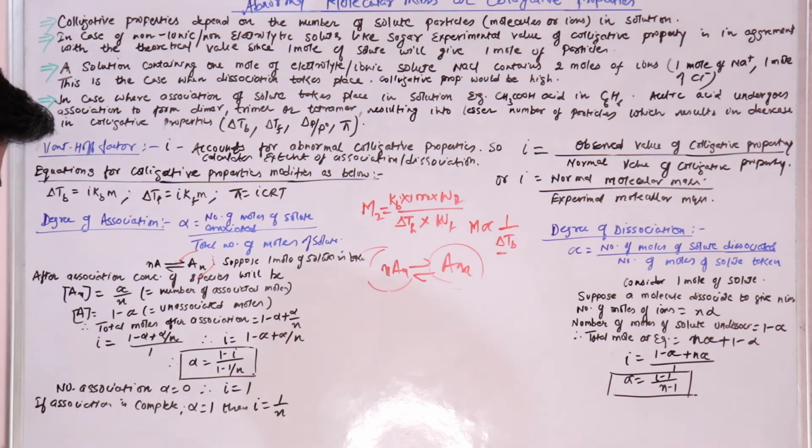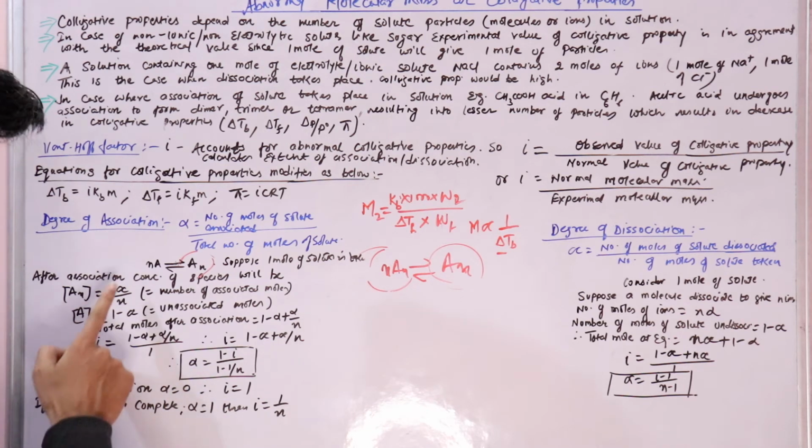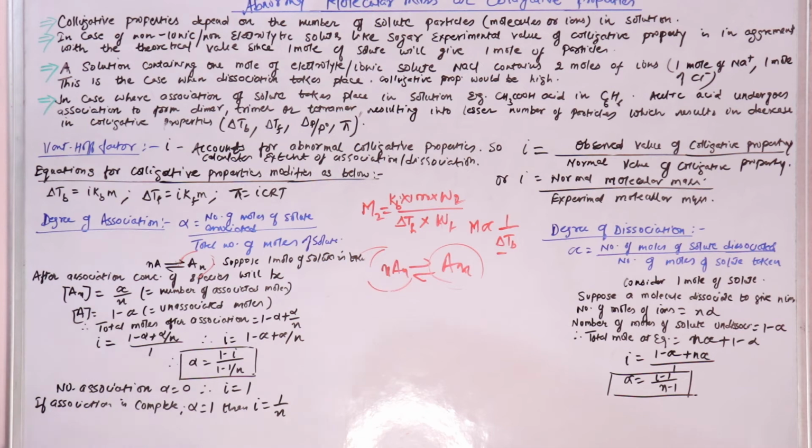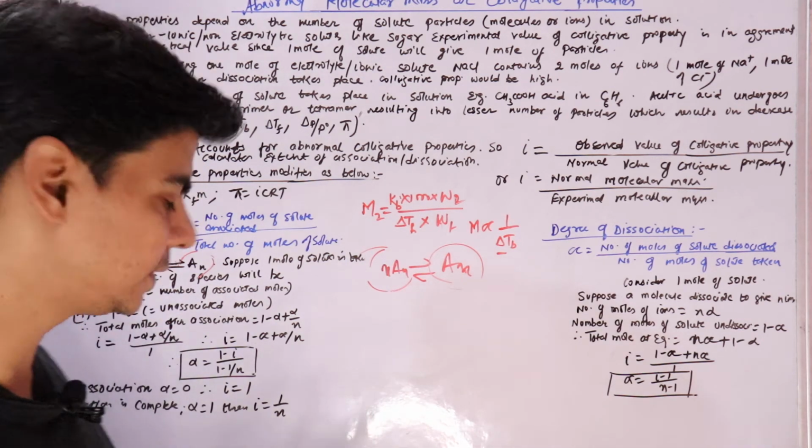When no association takes place, alpha is 0, the degree of association would be 0, and in that case i would be equal to 1. When no association takes place, the Van 't Hoff factor is 1. If association is complete, that is when alpha equals 1, all the solute is associated.